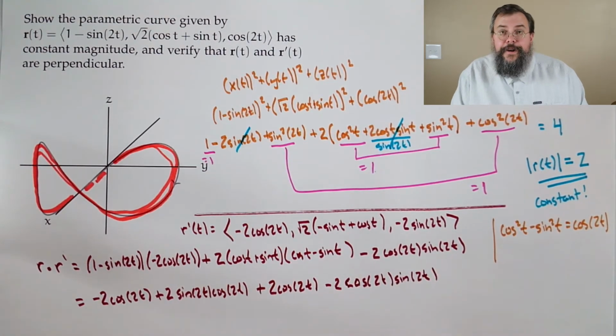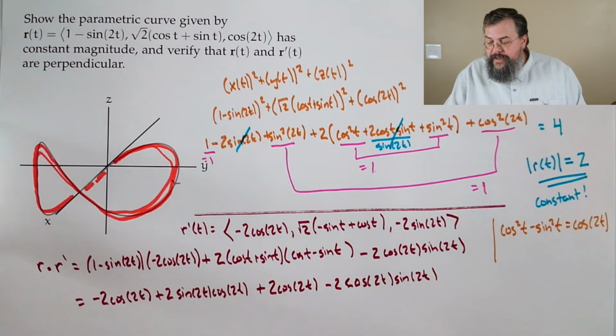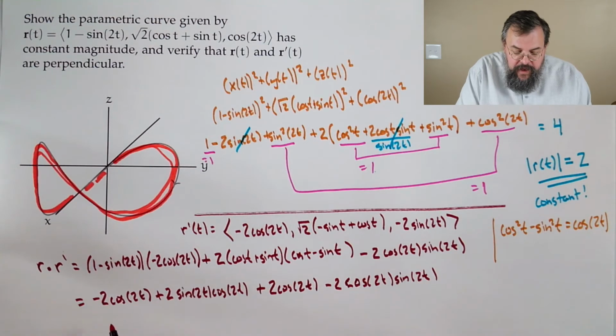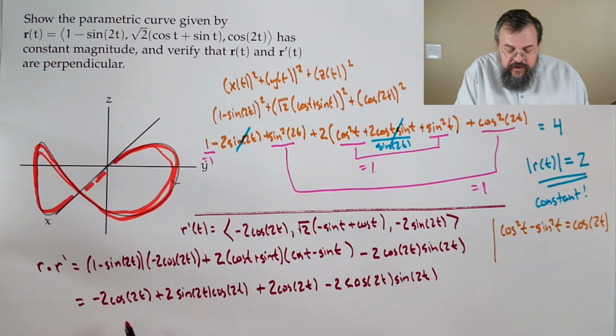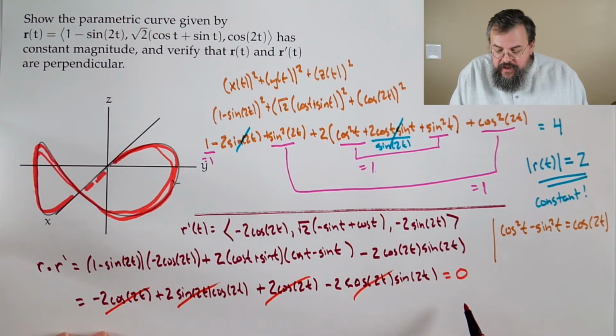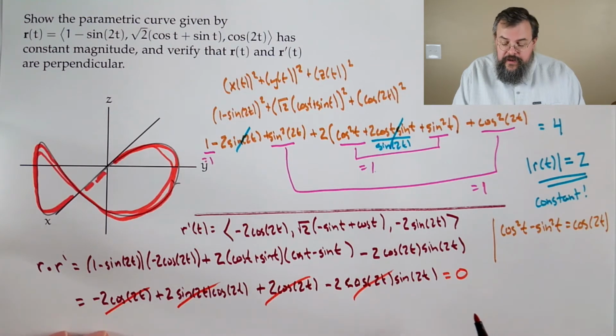All right, good. Now, let's see if we get enough cancellation. Minus 2 cosine 2t plus 2 cosine 2t cancel. Great. Plus 2 sine cosine minus 2 cosine sine cancel. Everything cancels, and we're left with 0, and therefore we can conclude the dot product is 0.